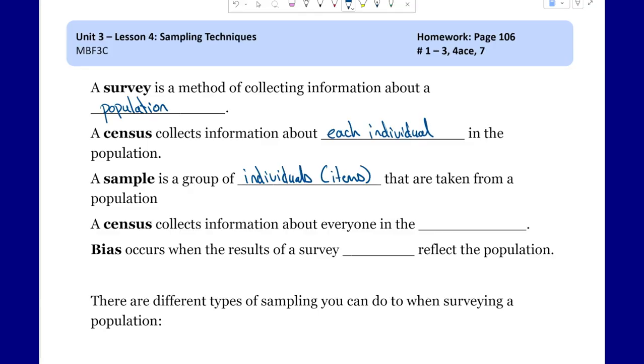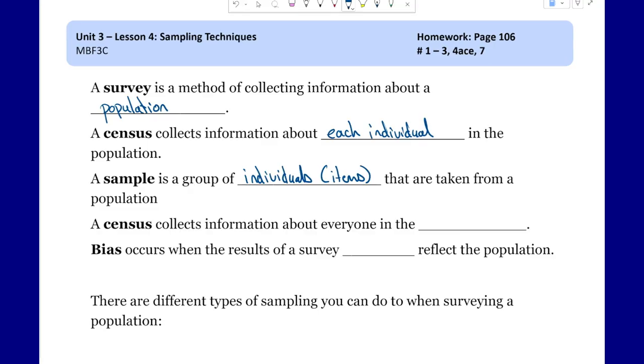A sample is a group taken from the population, and in most cases it's smaller than the actual population. If we're looking at a country, it might be difficult to survey an entire country, so we might take a small sample from that, so it's more manageable.